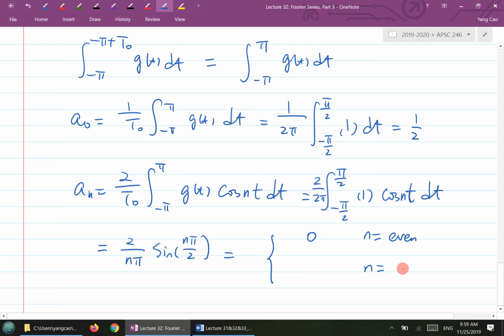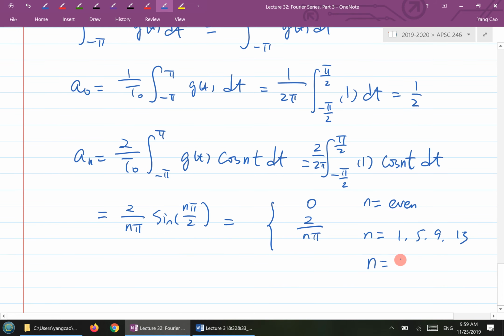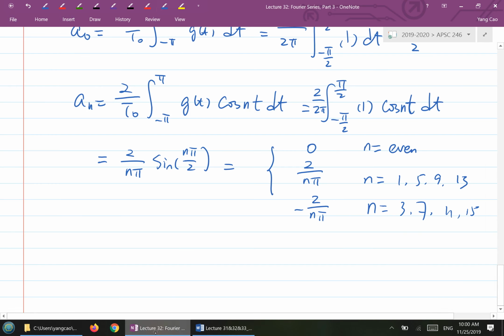Now when n is 1, 5, 9, 13, if you plug these in, you get a positive 1 out of the sine, so then you get 2 over n pi. But when n is 3, 7, 11, 15, you get negative 1, so overall you get negative 2 over n pi. So that's an.